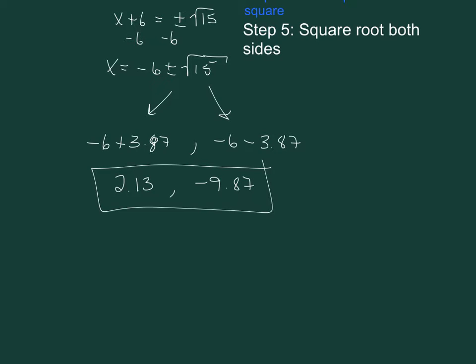Okay, so let's do this as a recap without all those step sequences in, just so that you can see it. Here we go. We've got x squared plus 12x plus 21 equals 0. First thing I'm going to do is move the constant to the right. That gives me x squared plus 12x, leave a space, equals negative 21.